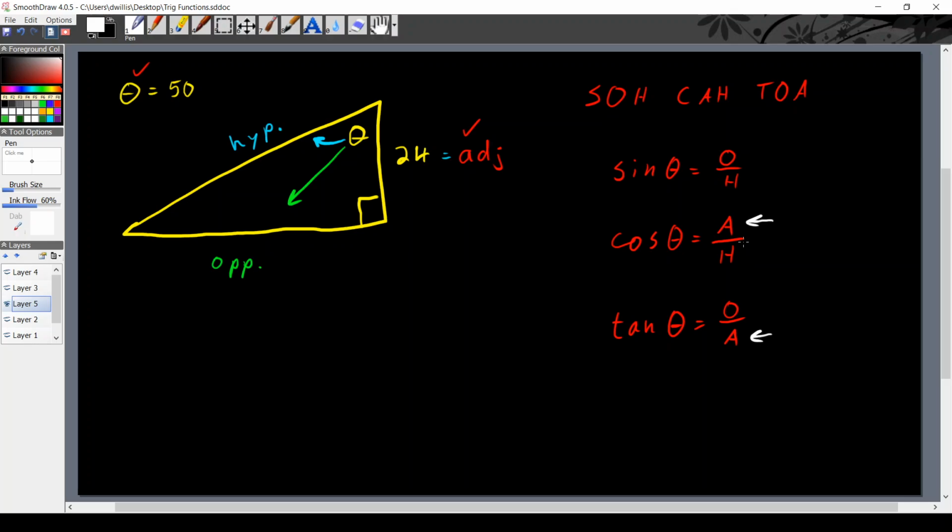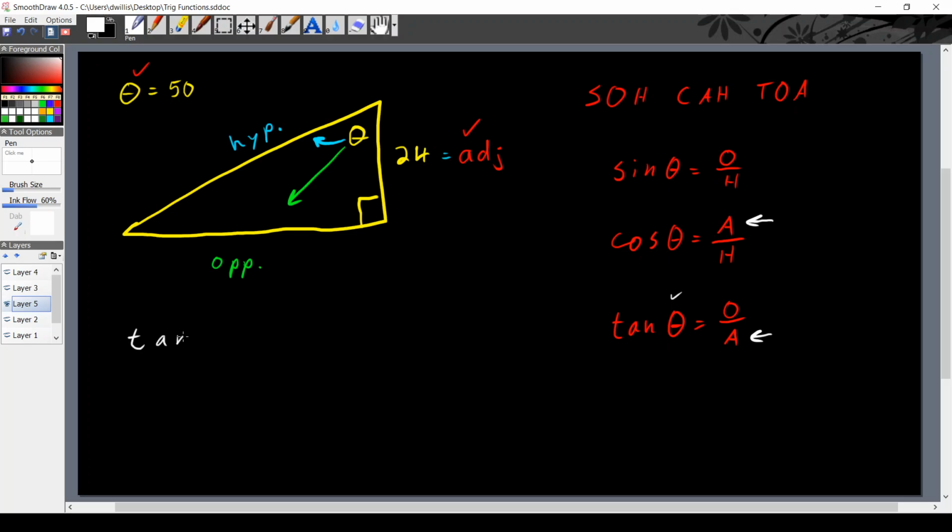So I'll be working with either cosine if I want to find the hypotenuse, or tangent if I want to find the opposite side. And you know what? We have not used the tangent function yet, so let's do that just for fun. Since I know theta and the opposite happens to be one of the ones we're looking for, let's go ahead and do that.